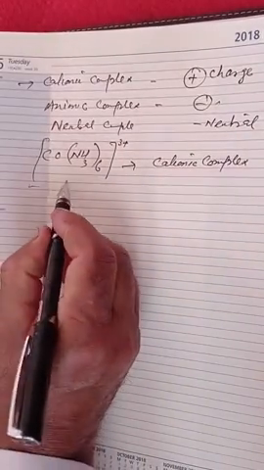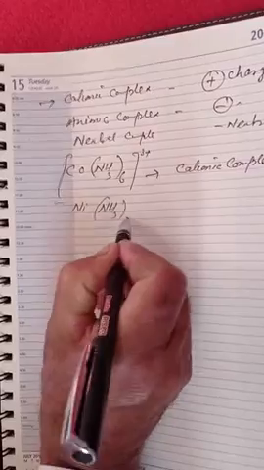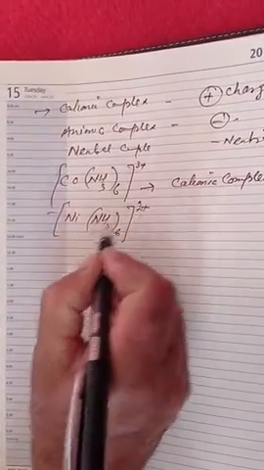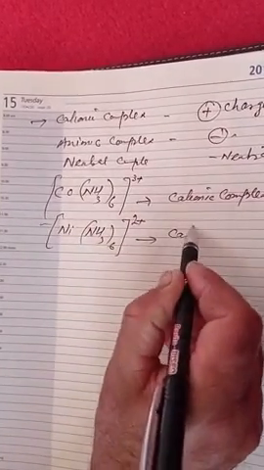Similarly, for example, [Ni(NH3)6]2+ is dipositive. There are 2 positive charges, so it is a cationic complex.